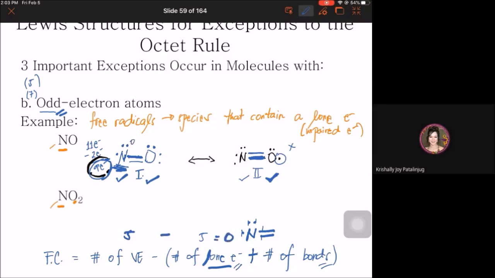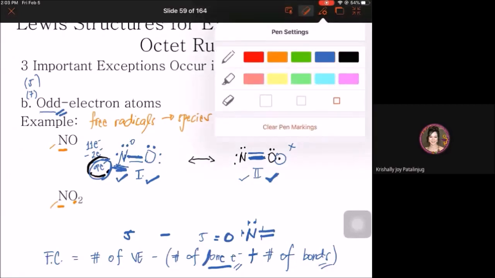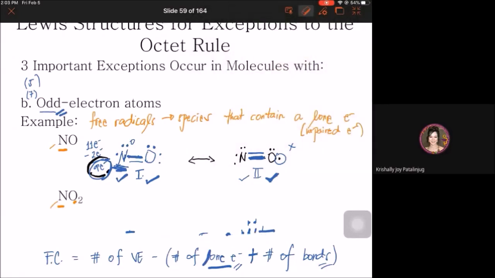Or you can count the number of bonds and use that too. For example, in the case of oxygen, its most stable number of bonds is 2. So even if you don't compute its formal charge, oxygen is already stable with two bonds, so 0 too.